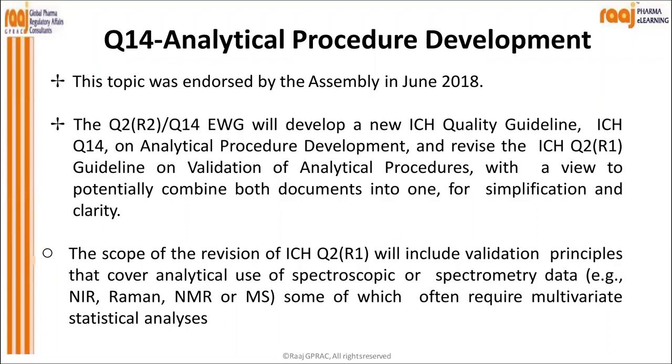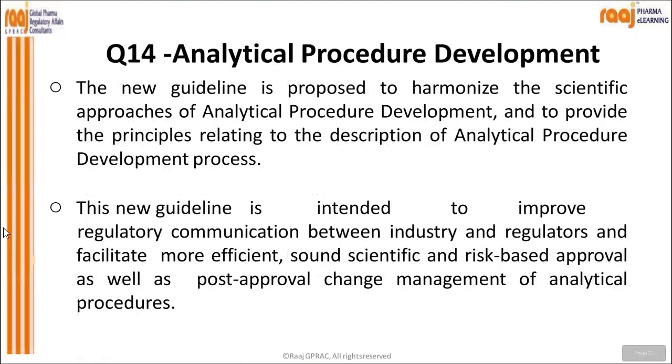Okay. And it was revised, like the scope of revision of ICH Q2 R1 will include validation principles that cover analytical use of spectroscopic or spectrometry data, okay, like NIR, Raman, NMR, or MS, some of which often require multivariate statistical analysis, right?